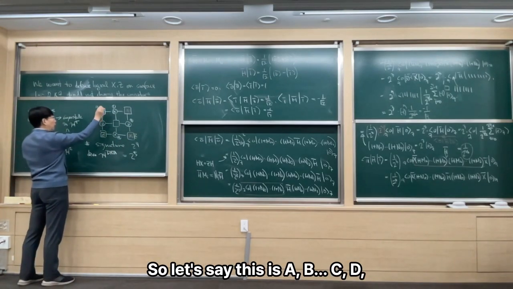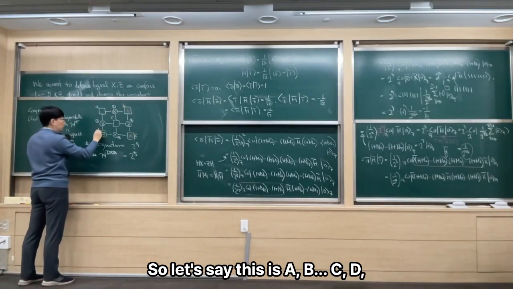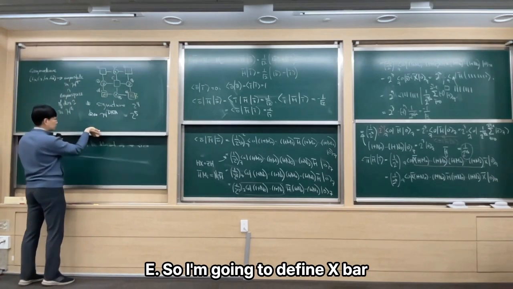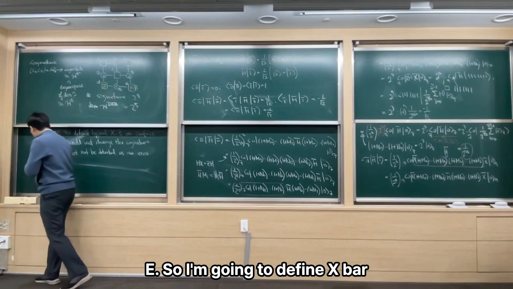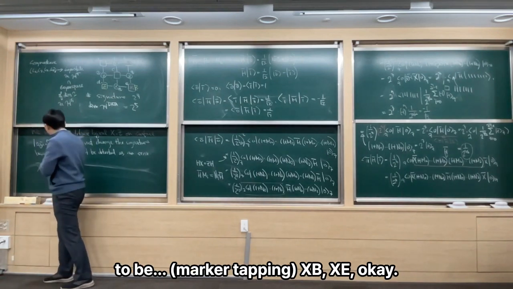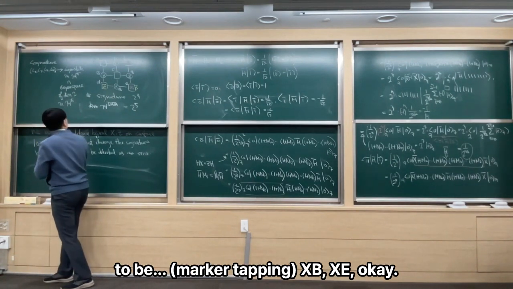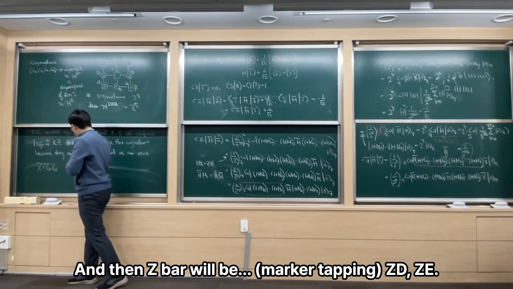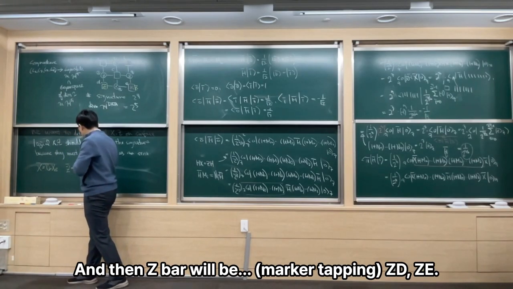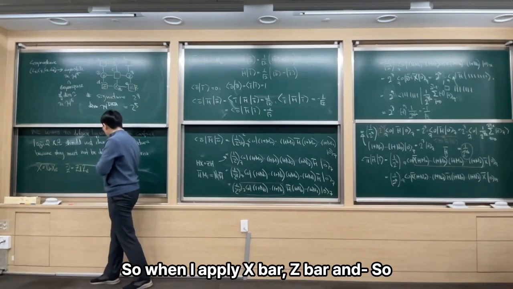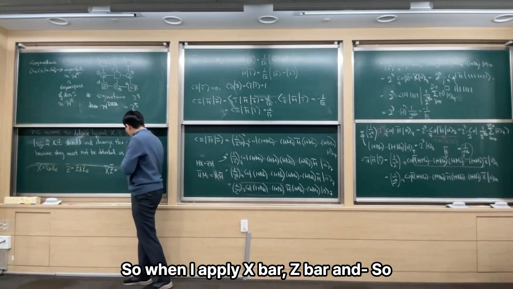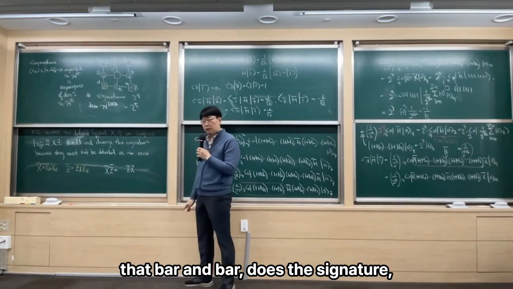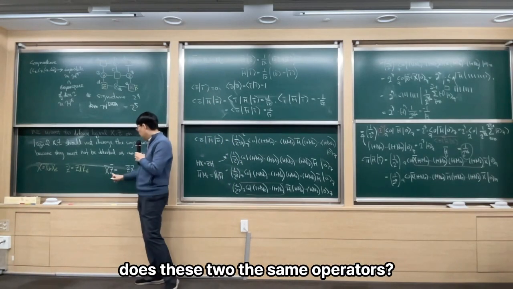So let me label these. Let's say this is A, B, C, D, E. I'm going to define X bar to be X_B X_E, and Z bar to be Z_D Z_E. When I apply X bar Z bar and Z bar X bar, are these the same operators?